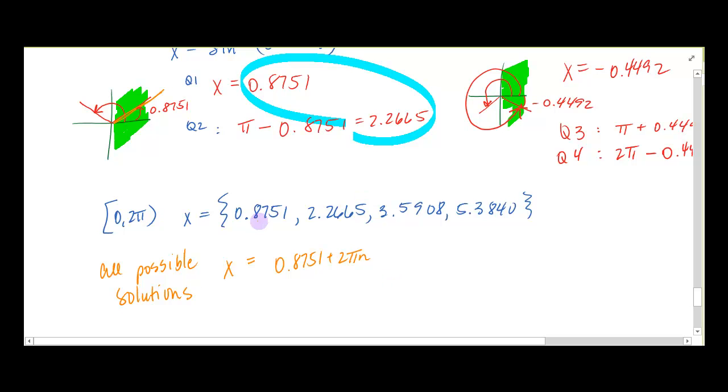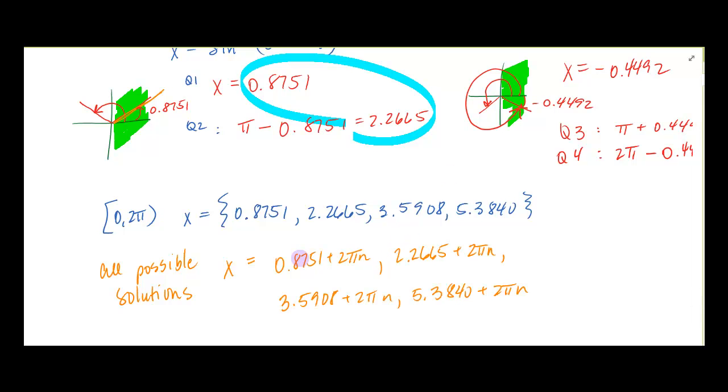So for each of these 4 solutions that are just between 0 and 2 pi, I can represent all possible solutions by adding 2 pi n to them. So here I have all possible solutions for this equation, not just the single revolution, but all solutions. And that's how you write all of them.